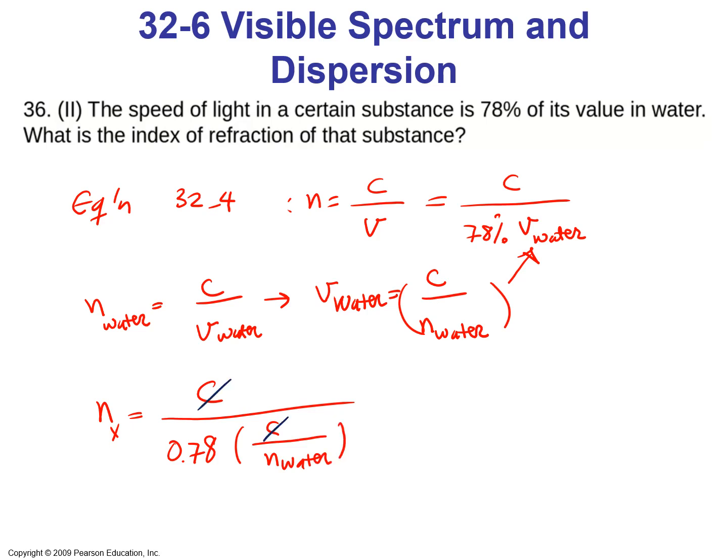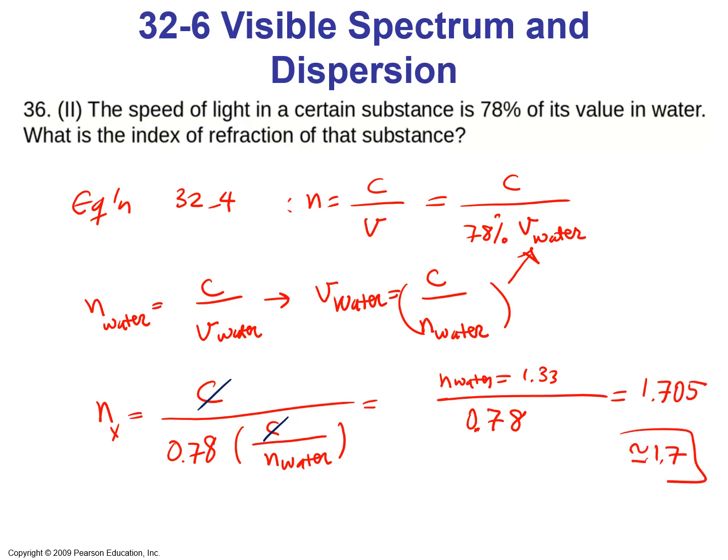The speed of light cancels out, and we will have index of refraction of water, which is 1.33, divided by 0.78. That gives us an index of refraction of 1.705, almost 1.7.